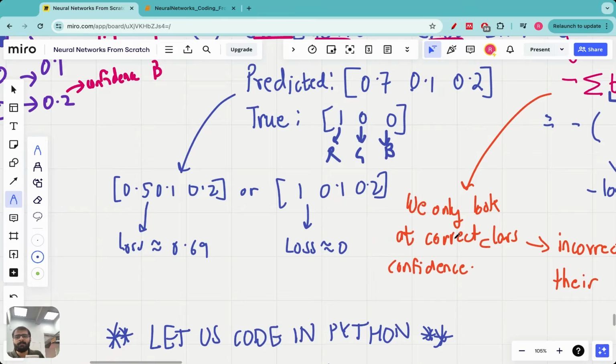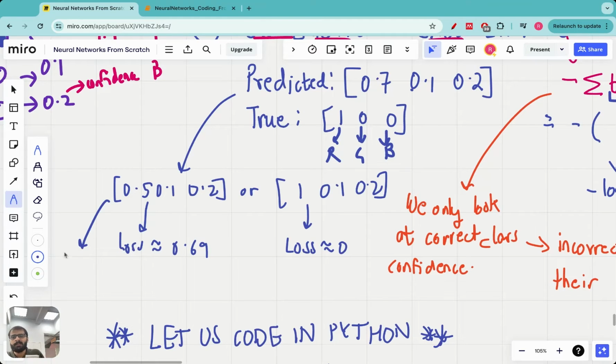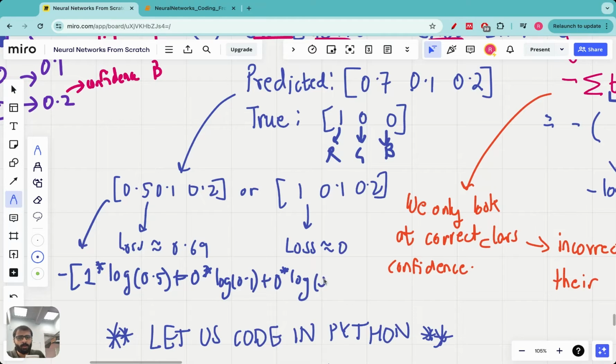Let us take another example where we have the outputs as 0.5, 0.1, and 0.2. The loss in this case would be negative of: the true value for the first neuron is 1 because the correct answer is red, so 1 into log of 0.5, plus 0 into log of 0.1, plus 0 into log of 0.2.